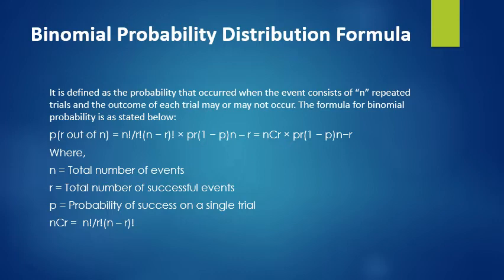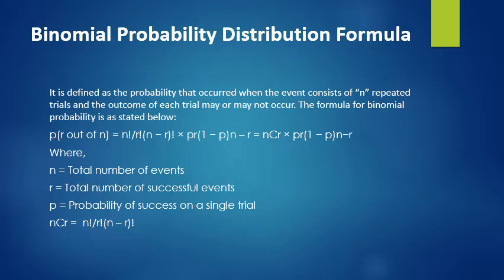The formula for binomial probability is as stated below: P of r out of n is equal to nCr into p power r into (1 minus p) power n minus r, where n is equal to total number of events, r is equal to total number of successful events, p is equal to probability of success on a single trial, nCr is equal to n factorial by r factorial into (n minus r) factorial.